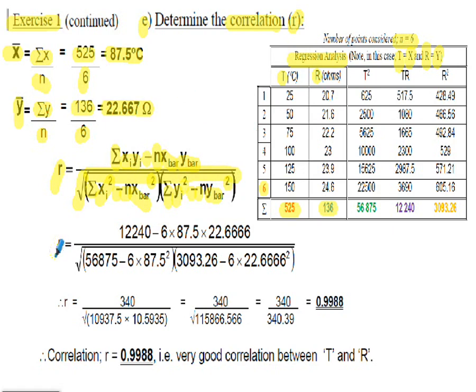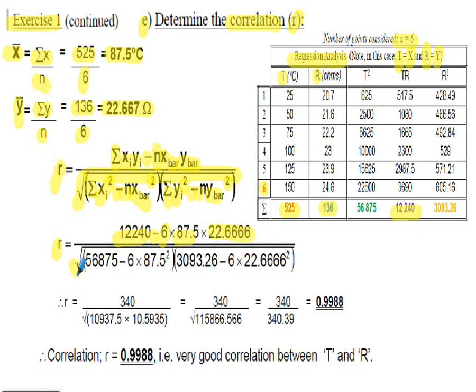So putting the values into the equation for R, from our table, summation of the XY terms, in this case summation of TR, so 12,240, take away 6, the number of points, times by the X bar, times by the Y bar from above.